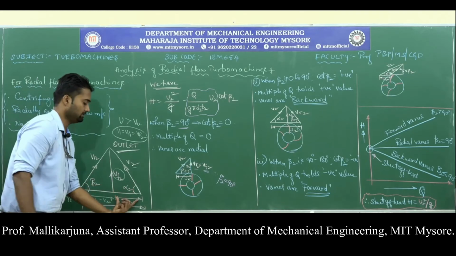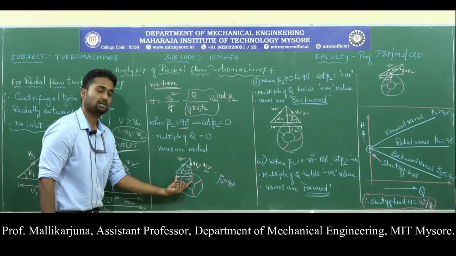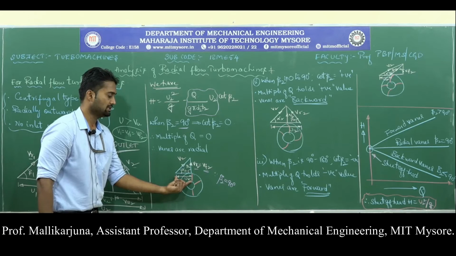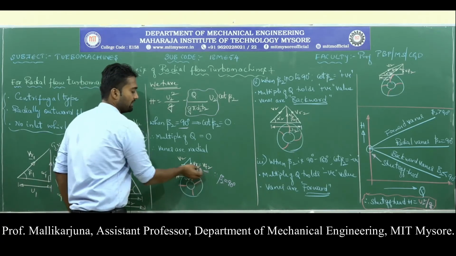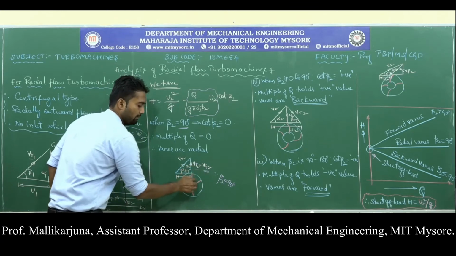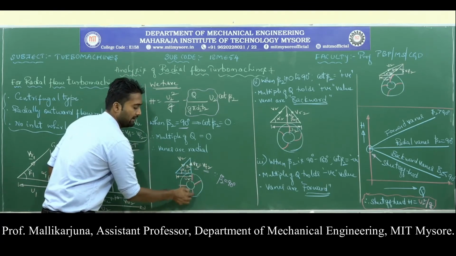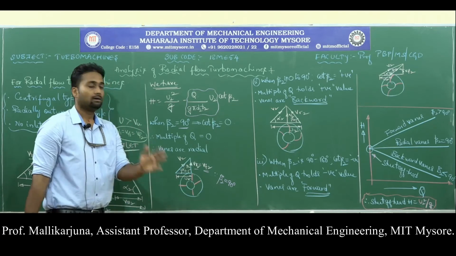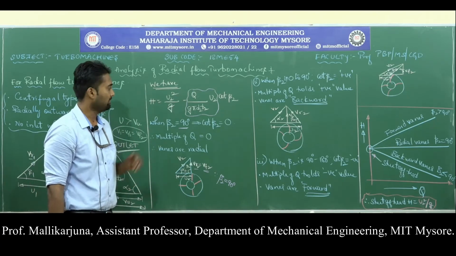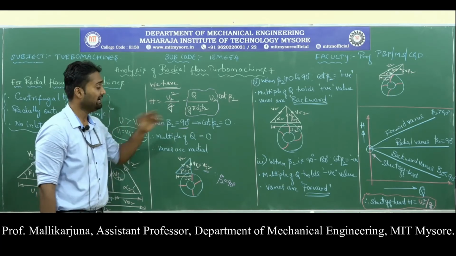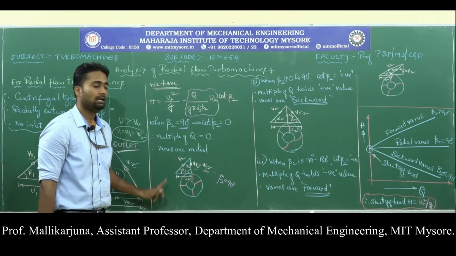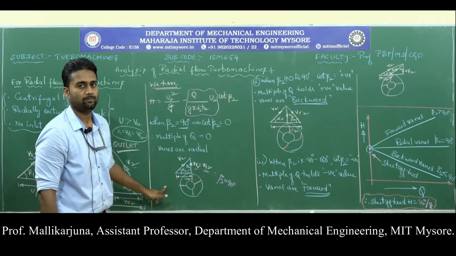I will be left with U2, which is equal to VU2. So this is U2, beta 2 is 90 degree, wherein VR2 is Vf2, and the blades are radial. Those are nothing but 90 degree vanes. That means H is equal to U2 square by g. For a radial outlet, the velocity triangle looks like this.